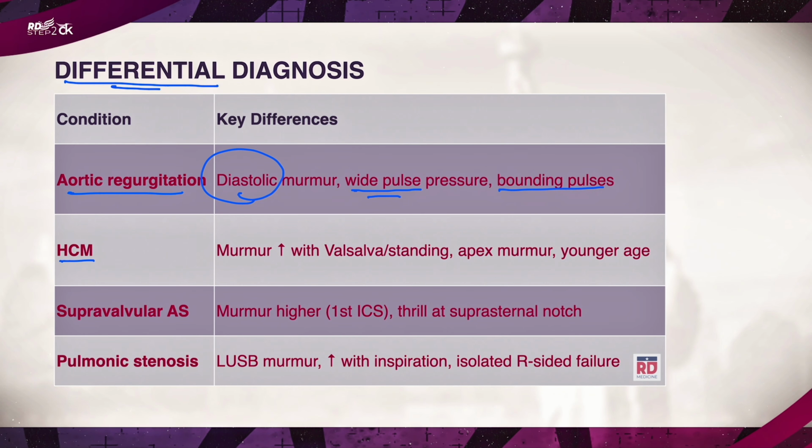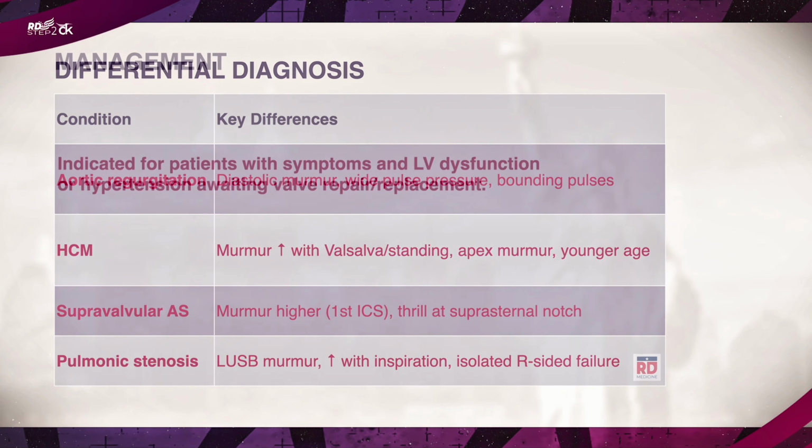Supravalvular aortic stenosis presents with a murmur higher up near the first intercostal space and may have a substernal thrill. Pulmonic stenosis is heard at the left upper sternal border, increases with inspiration, and is often associated with isolated right-sided heart failure.